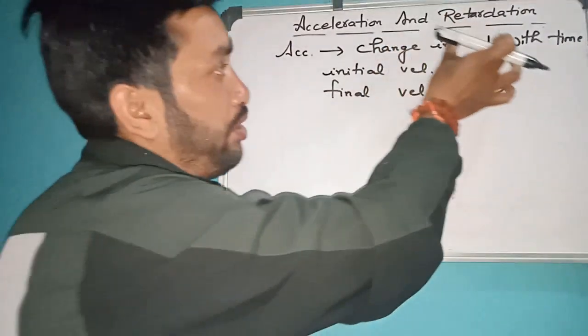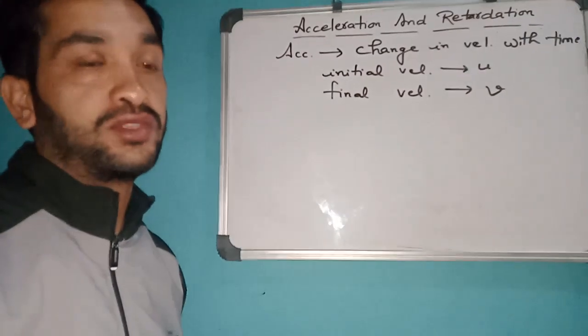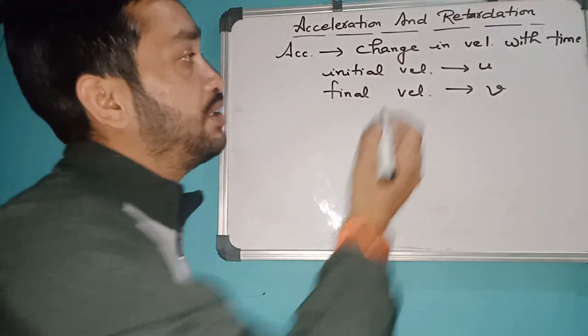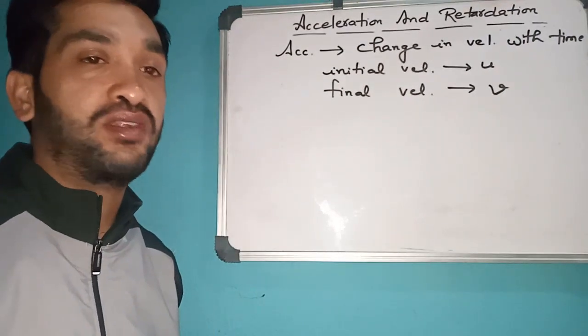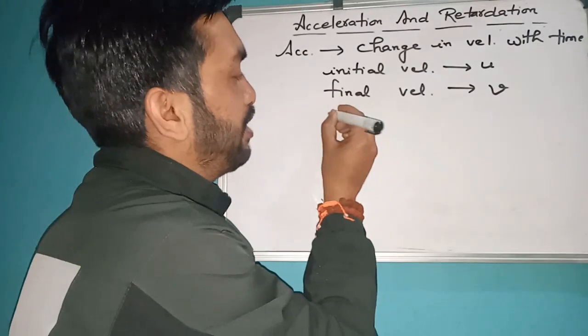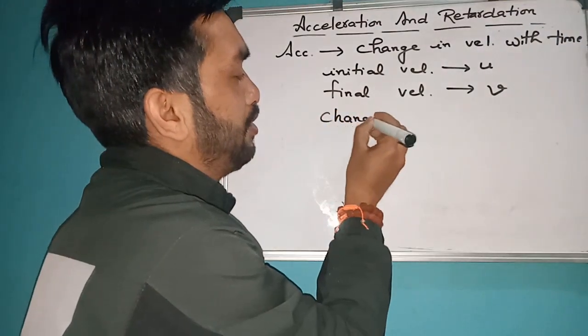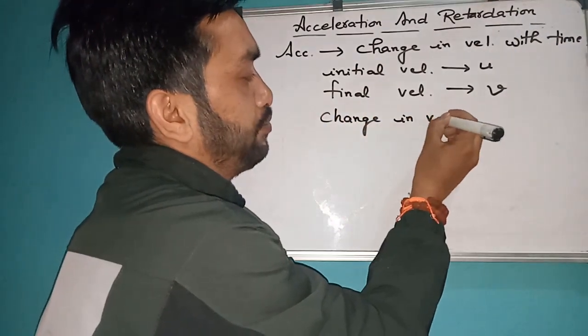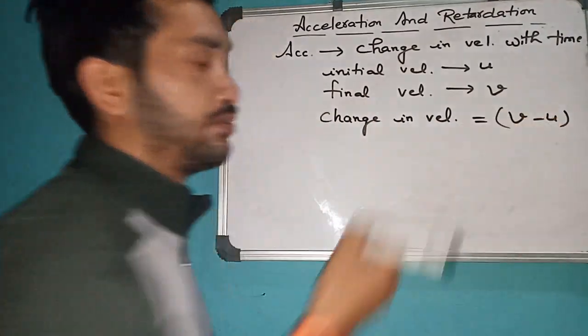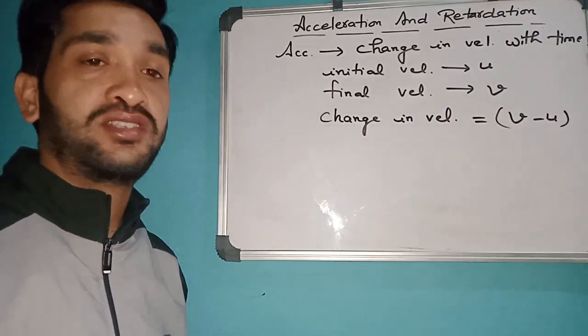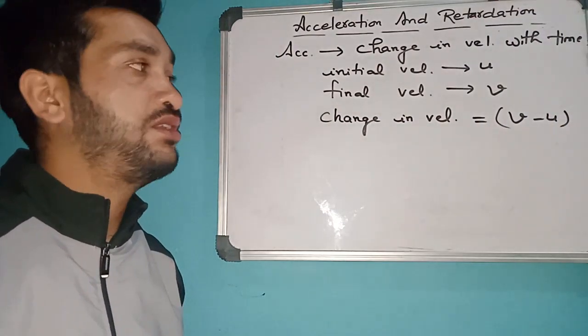So according to this statement, what is there? Change in velocity. Let us suppose here that v is greater than u. So we can write change in velocity is equal to v minus u. That is just an assumption that final velocity was greater than initial velocity.